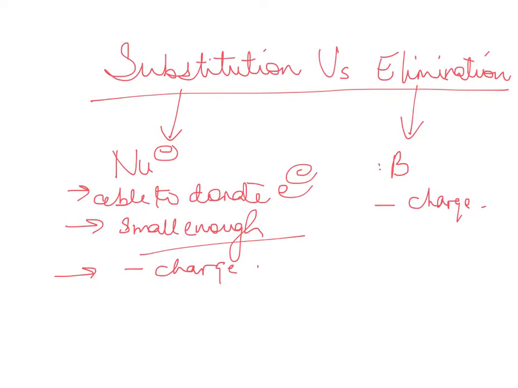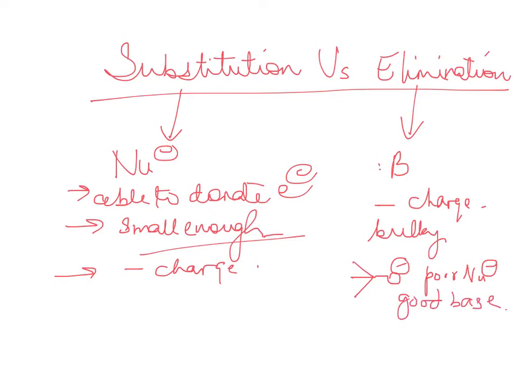But while nucleophiles are small, bases can be bulky. So things such as t-butoxide, for instance, which cannot run to the site of action and is a poor nucleophile, is actually a great base. And so it would rather abstract a proton, and hence if you have potassium t-butoxide written on the arrow, it always will go through elimination. Always.